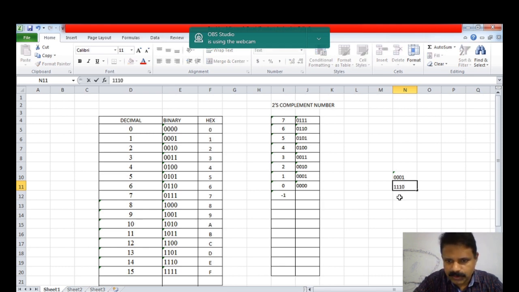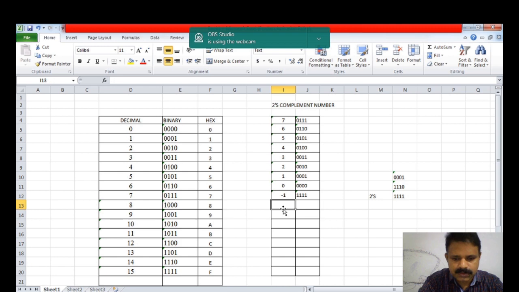Its two's complement is 1111. So the representation of minus 1 is 1111.